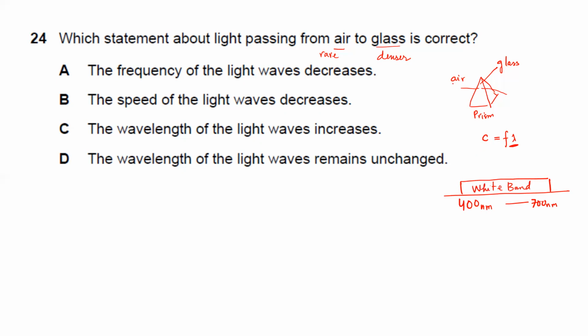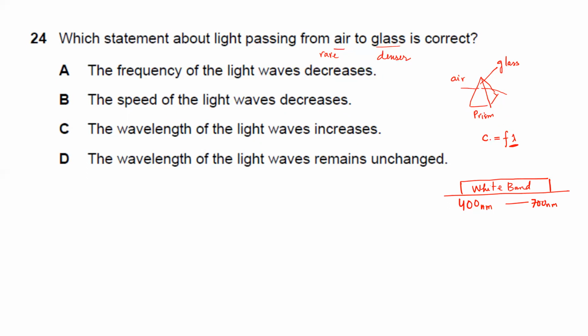When going between media, the wavelength changes. And overall, since glass is a denser medium, light takes more time to travel through glass as compared to air. So we can say that the overall speed of light decreases.